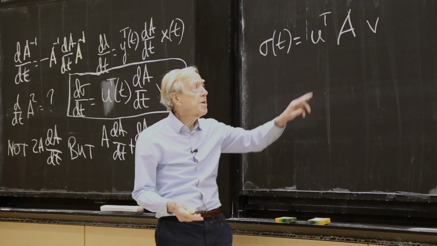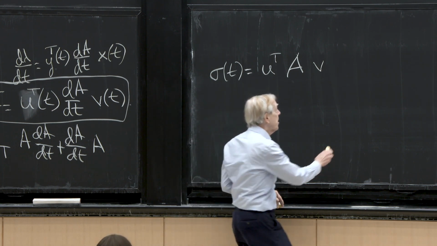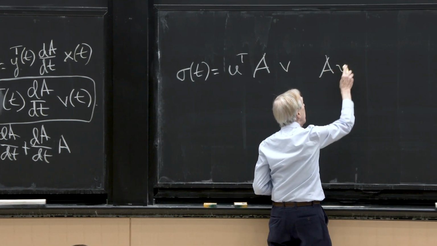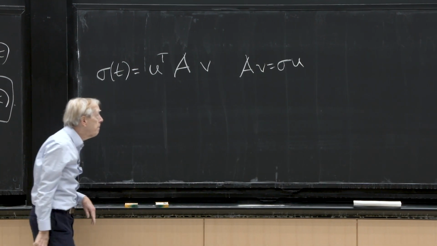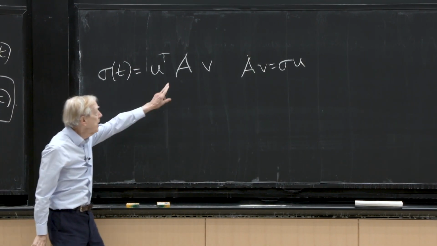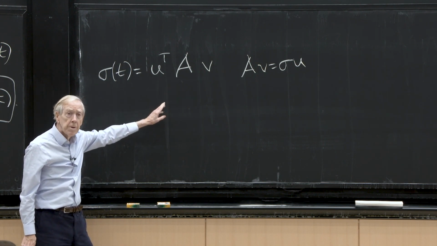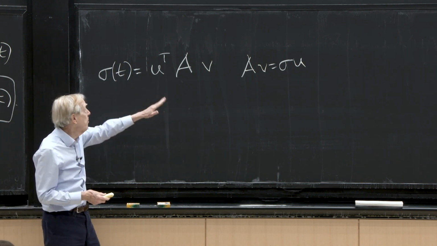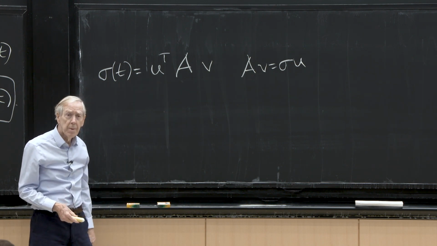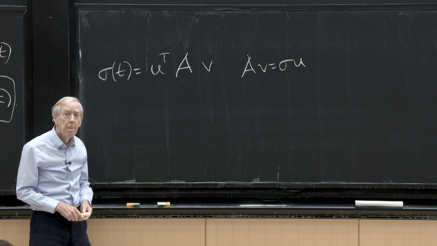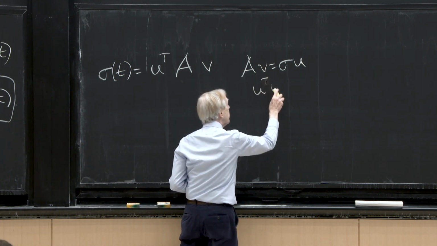The SVD says that A times V equals sigma U. AV is sigma U. That's the SVD. So when I put in for AV, I put in sigma U. Sigma is just a number, so I bring it outside. And I'm left with U transpose U. And what's U transpose U? 1. So I've used these two facts.